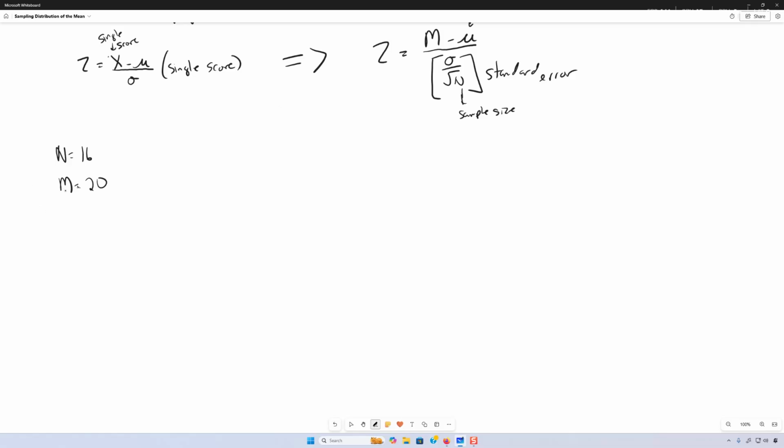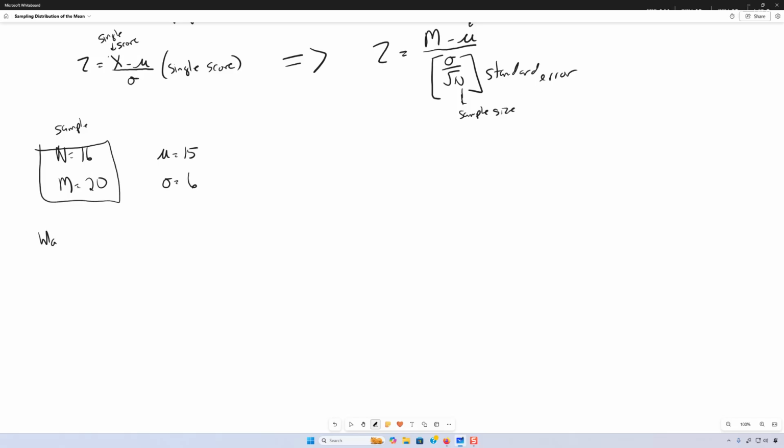And we're comparing the sample to a population with a mean of 15 and a standard deviation of 6. And I'm asking myself, is this sample reasonably different from this population?